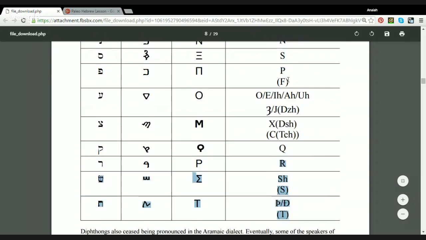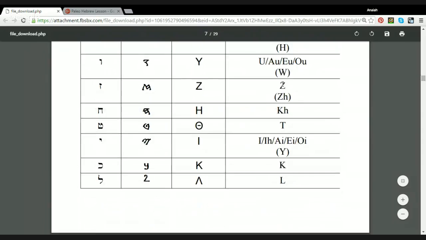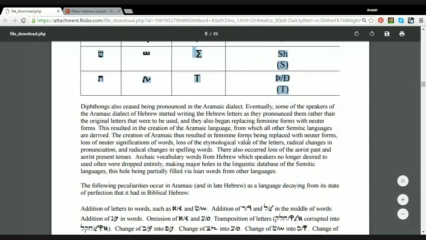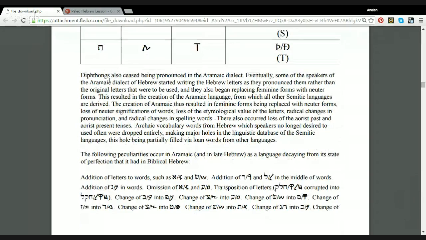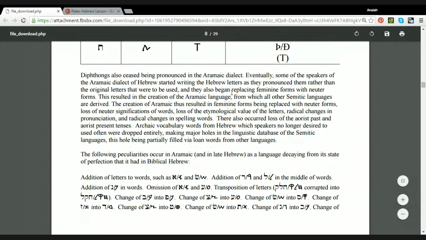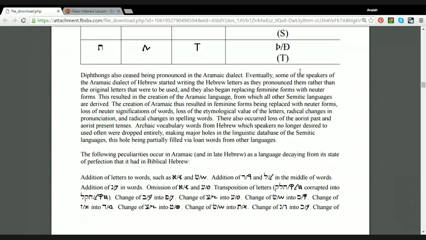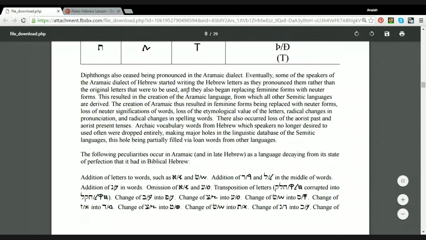You can kind of sum up all the different dialects with this rule I just gave here. Then I say also diphthongs cease to be pronounced in the Aramaic dialect. Eventually, some of the speakers of the Aramaic dialect of Hebrew started writing the Hebrew letters as they pronounced them rather than the original letters that were to be used. And they also began replacing feminine forms with neuter forms.